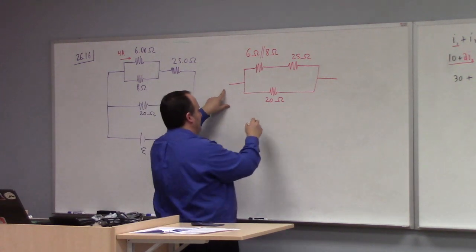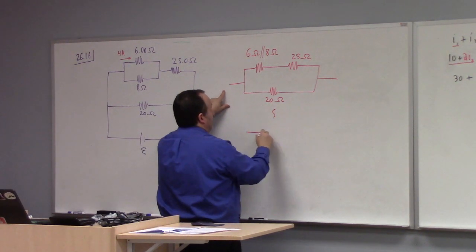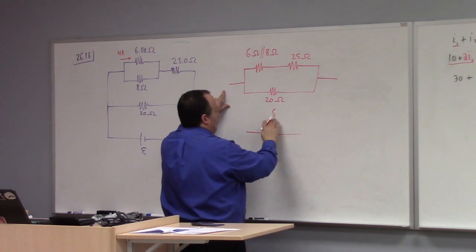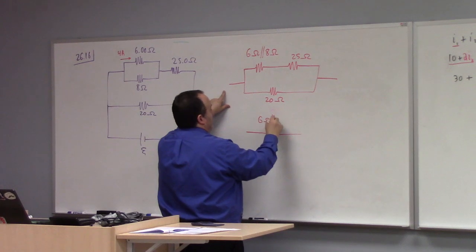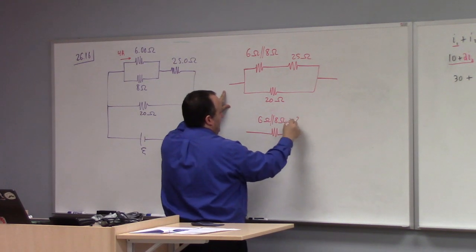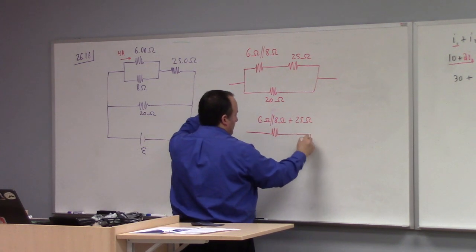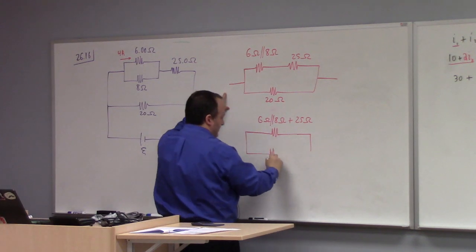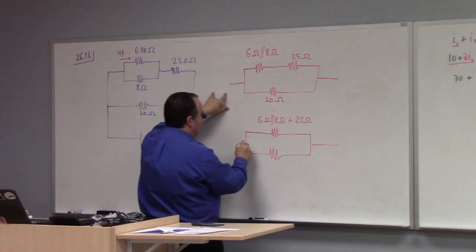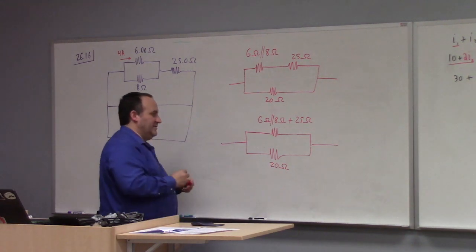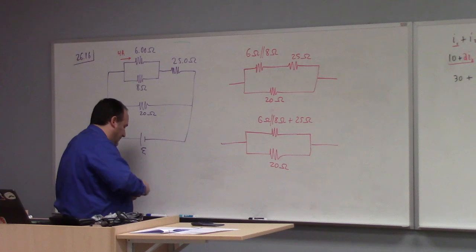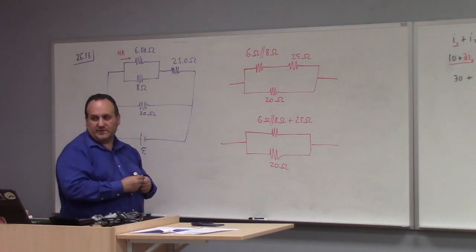And so what that really is the same as, if they're in series, we just add the resistances, right? So we have our 6 ohm paralleled with 8 ohm, plus 25 ohm, and that is in parallel with this 20 ohm. Now let me go ahead and figure out the value of that top one before I go any further. What's the formula for this?